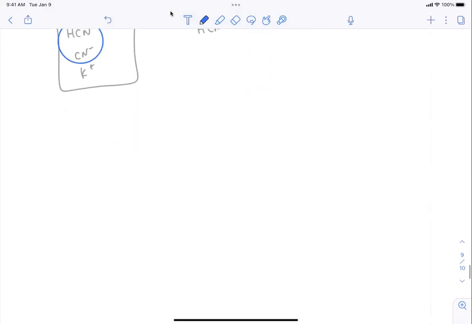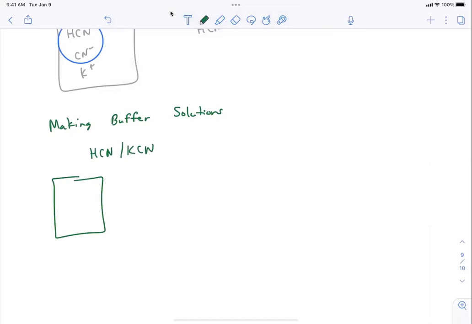Okay. The last thing we have to talk about is making buffer solutions. This is the one that was kind of giving people fits here because it's difficult to understand how to make them. But the idea is the same, and this is why I drew the pictures earlier, is that the idea is to get the conjugate acid-base pair in the solution in significant amounts. So like if you have HCN and KCN, you want HCN and CN minus in large amounts.